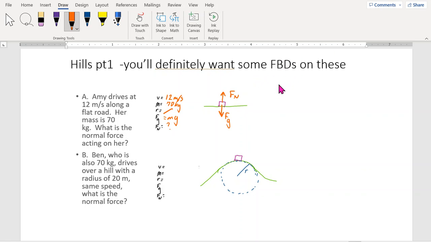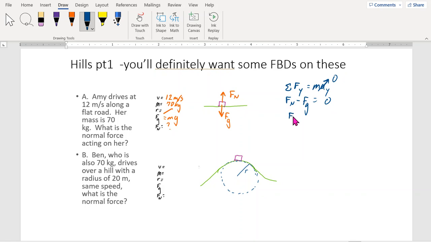So let's go ahead and draw out the net force equation. When we're just talking about motion on the x or motion on the y, we say net force, in this case on the y, equals mass times acceleration on the y. And I've got normal minus grav is equal to, well, we're not accelerating on the y-axis, that's just going to be 0.